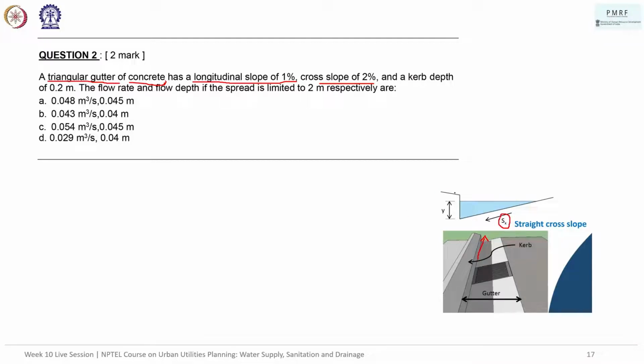Curb depth will be the total curb depth. y is the flow depth, which we need to figure out, which is this much. However, curb depth is the entire extent of this. We need to calculate the flow rate and the flow depth.